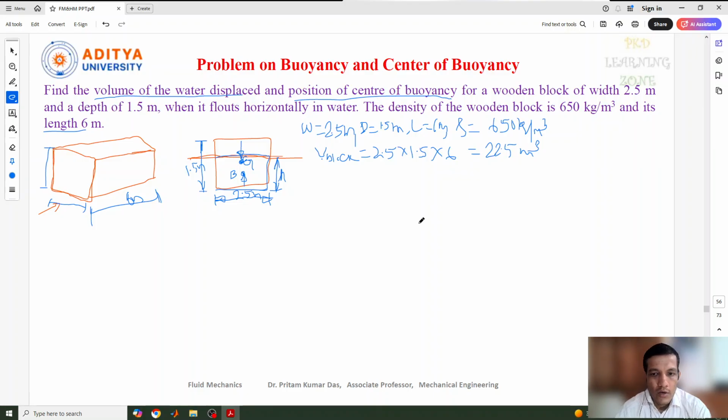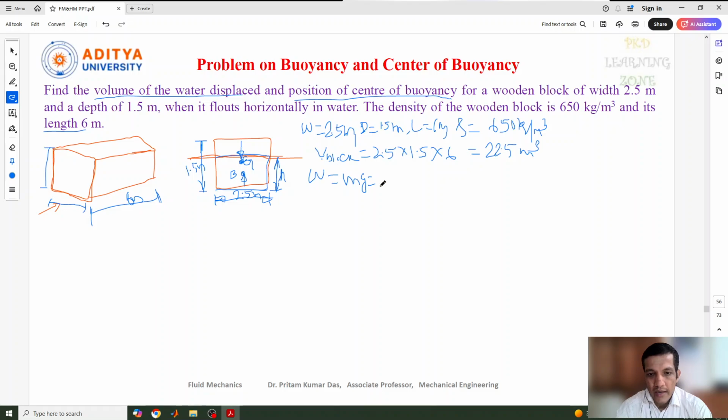Now we know, as I have already discussed in the theory class regarding the volume and weight of the object, the force of buoyancy will be equal to the weight of the object, or the weight of the fluid displaced. So let's find the weight. W equals m into g, and in place of m I can write rho into V, because we know that density equals mass by volume.